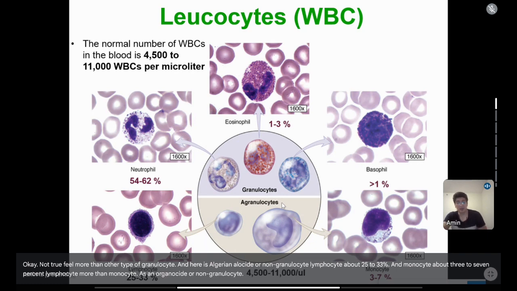The normal number of white blood cell or leukocyte is 4,500 to 11,000 white blood cells per microliter.